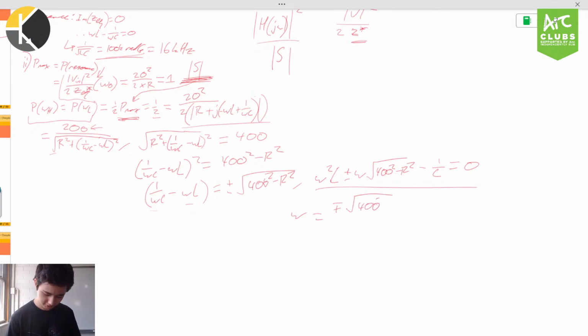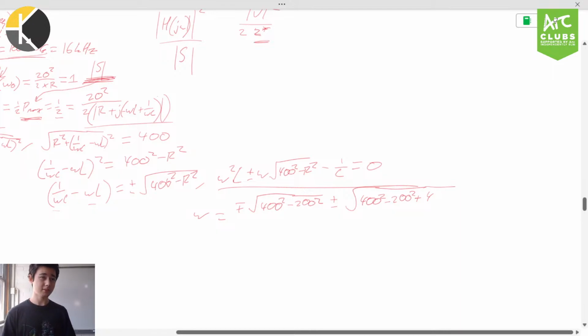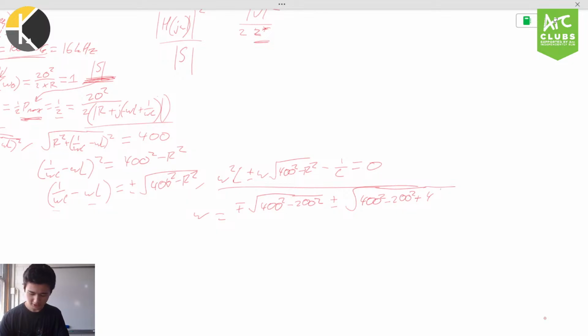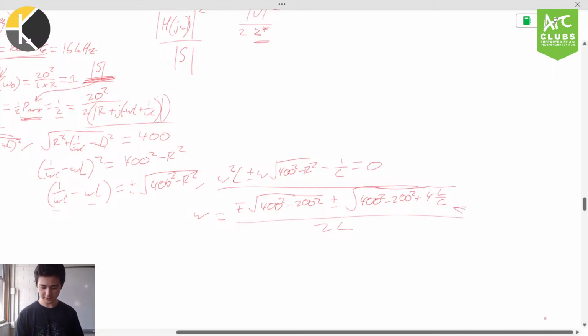This thing, 400 squared minus, and now we can sub in 200 squared, this would have been my R squared, plus minus the square root of R squared, 400 squared minus 200 squared, and then we plus 4 LnC. LnC actually turns out to be like 10 to the 6. But let's just do that, divided by 2L.